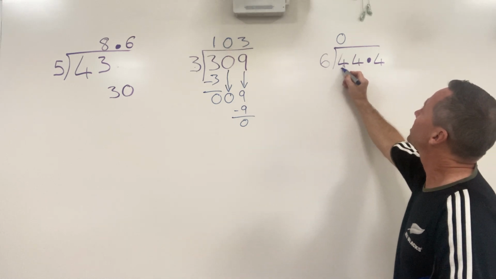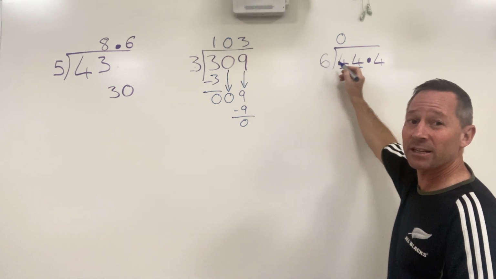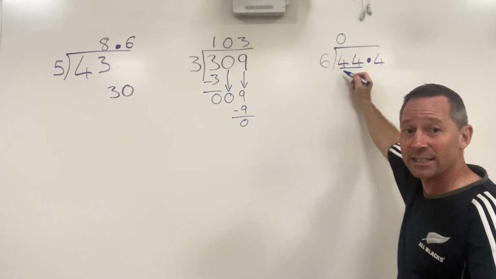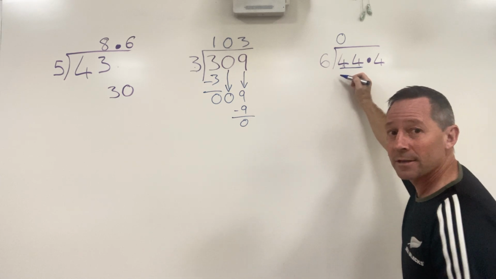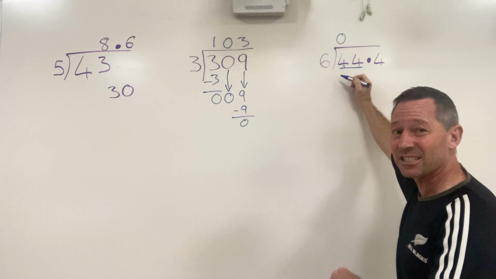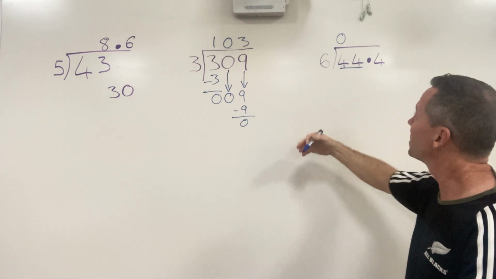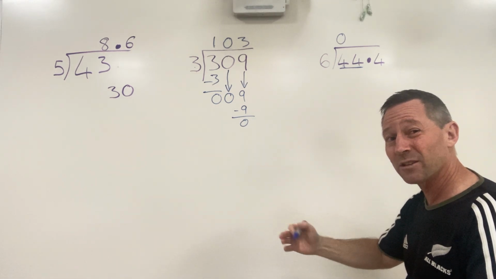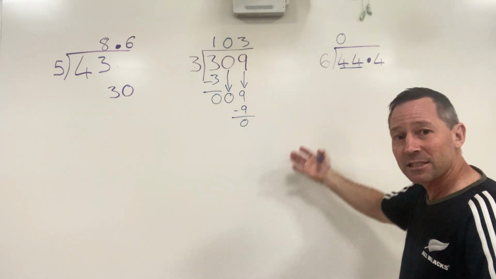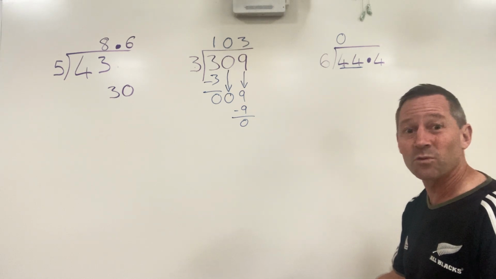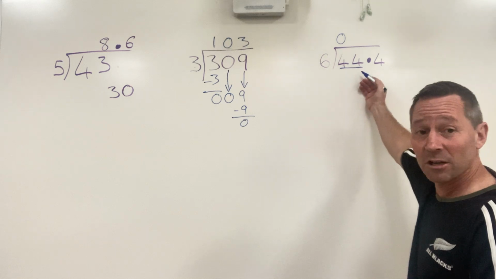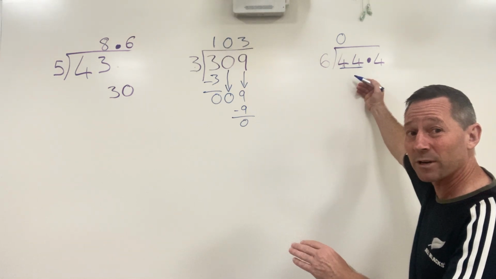I then have these 2 digits here. Can 6 fit into 44? This is where your 6 times table comes in handy. 6 times 10, 60 is too big. 6 times 5, 30. Close, but not close enough. 6 times 7, 42. Close, it's not over it, so I reckon that's pretty good.